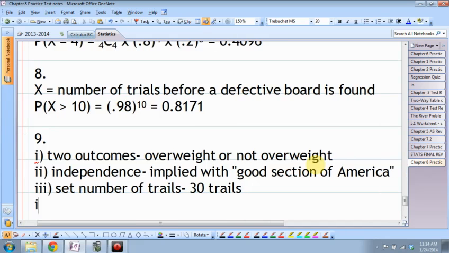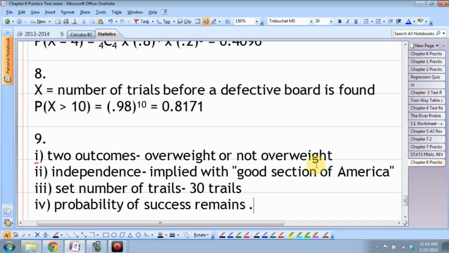And lastly? Equal probability of success. Yeah, it remains 0.63. So yeah, this looks like a pretty good binomial distribution.